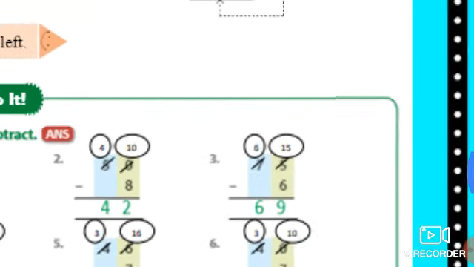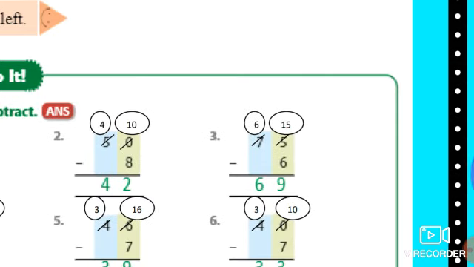Come to the second sum, students. See, 50 minus 8. Now can we minus 8 from 0 again, students? No, we have to borrow from tens place. When I borrow from tens place from 5, only 4 will be left, because 1 I will give to ones place, and in ones place now 10 will become.